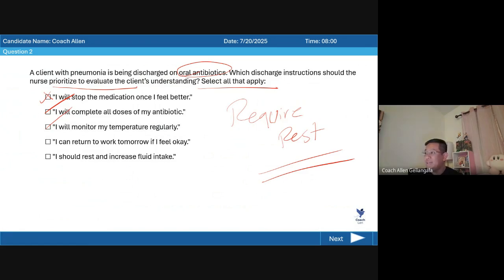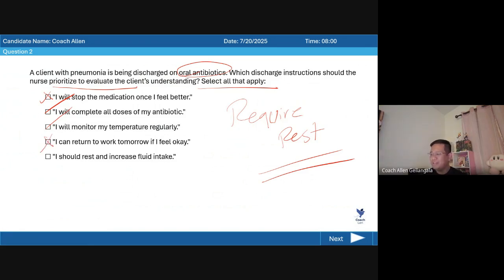Sometimes it would even take a week of continuous treatment. Tuberculosis is a classic example of that. You need to finish at least 2 straight weeks of antibiotic treatment for your tuberculosis to not become communicable. Okay. So letter D is a wrong answer.